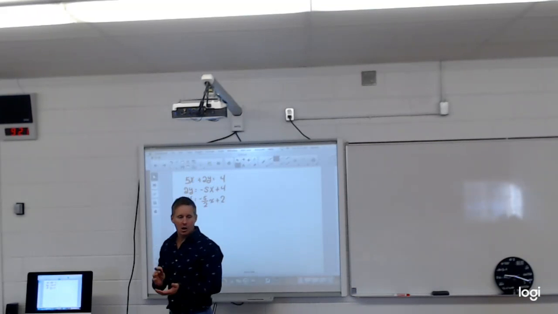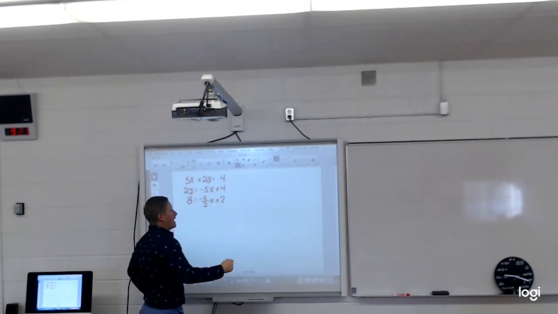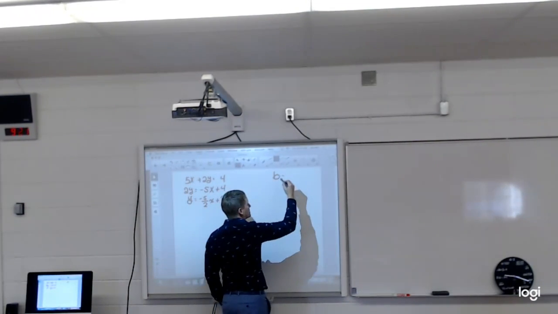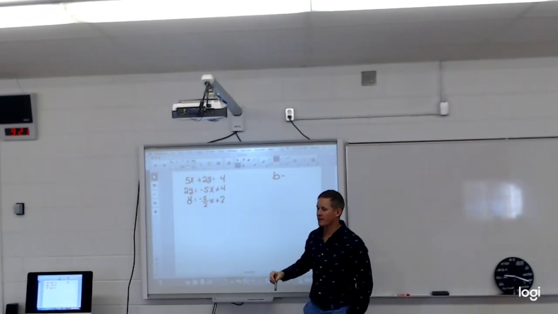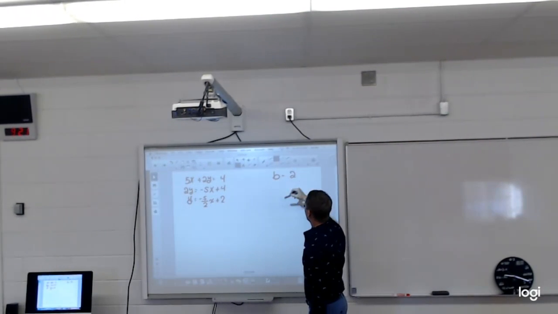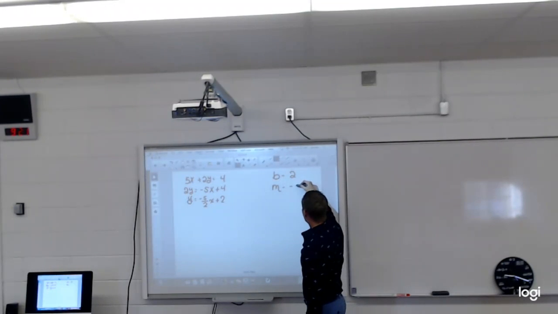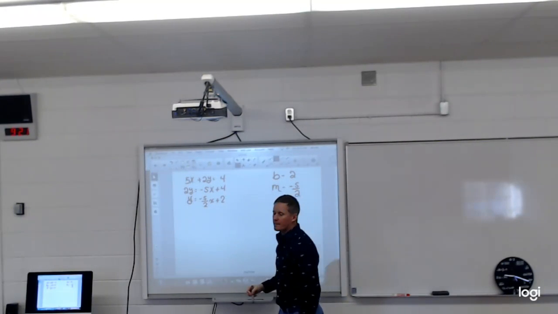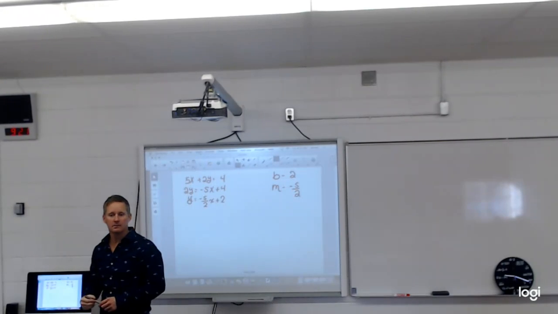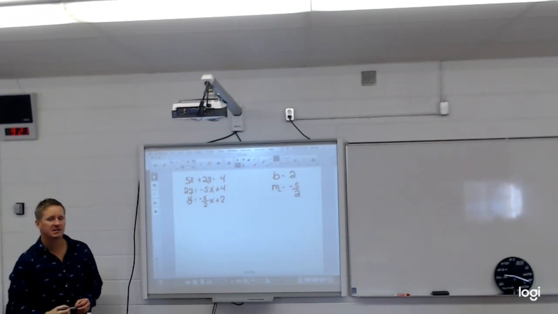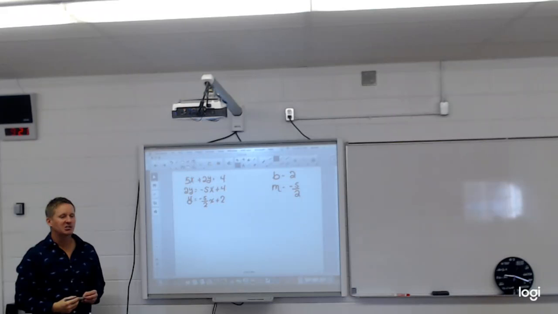Okay. So my y-intercept, my b value is what? 2. My slope is negative 5 over 2. What's my starting coordinate? 0, 2. Well said. All right, and where does my slope tell me to go?